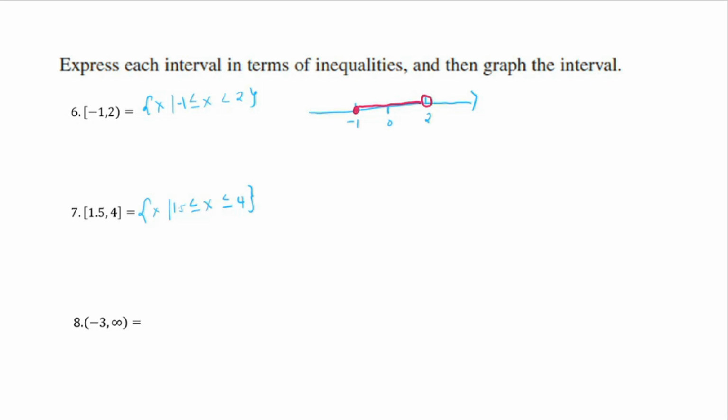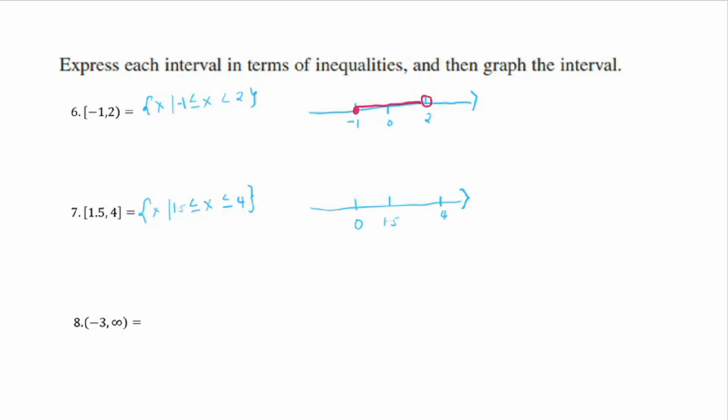In the graph, we're going to use the closed dot for the two ends. So we have here, shall we say, this is now 0 and this is 1.5 and this must be 4.